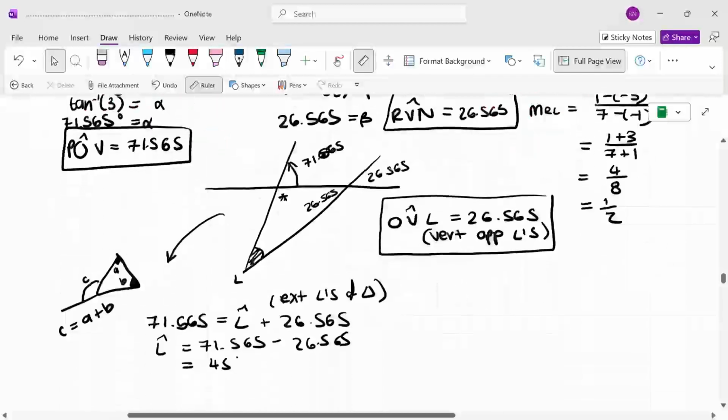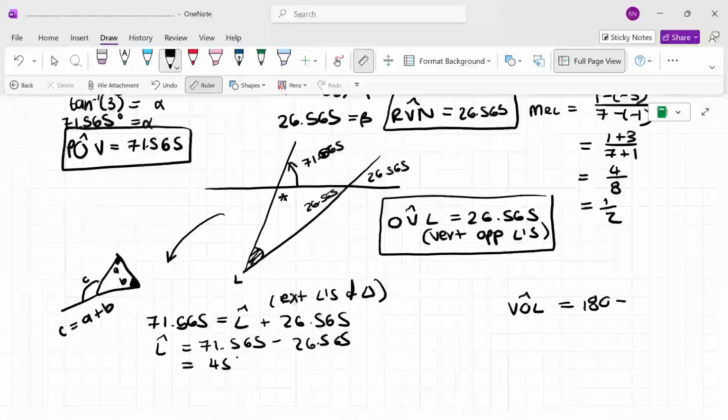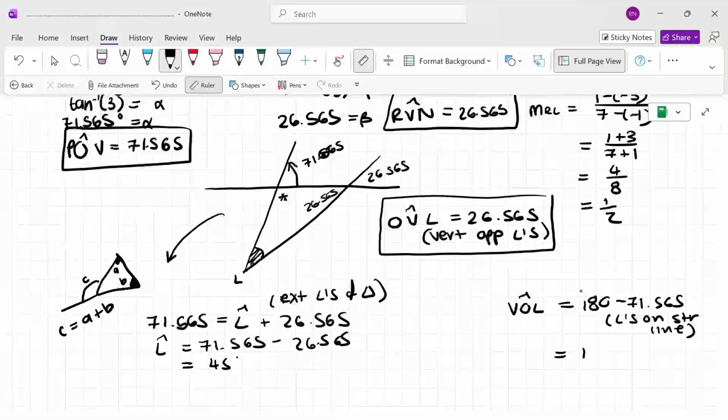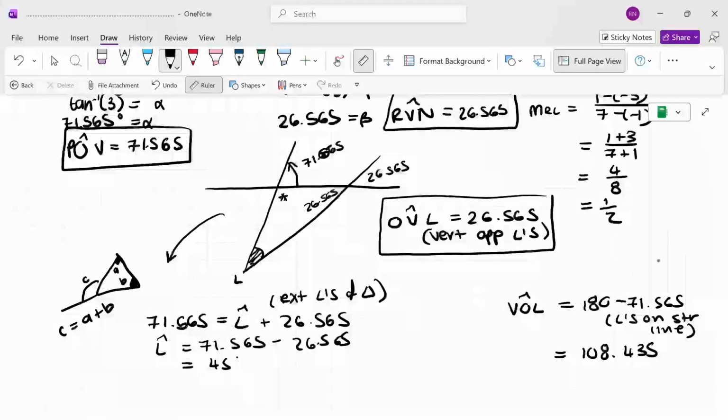We could say angle VOL is equal to 180 minus that 71.565 because of angles on a straight line, right? So this gives us 108.435. Thank you, Nicole. That'll be the degrees for this VOL, this angle on the inside here.